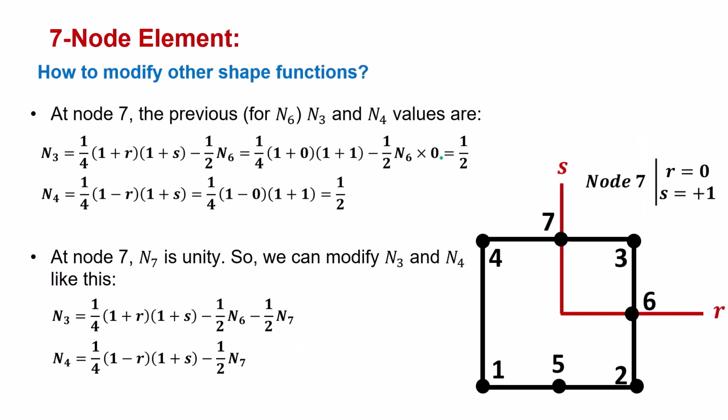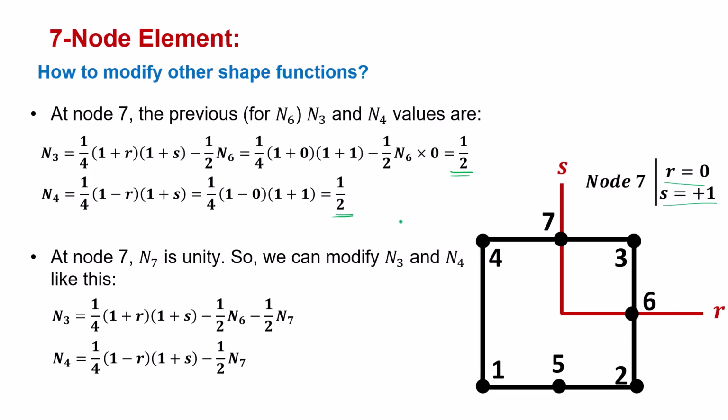Now let's see how the introduction of node 7 affects the other shape functions. At node 7's location, which is r equal to 0 and s equal to 1, if we use the old formulas, both n3 and n4 give a value of 1/2 instead of 0. That means node 7 would still be influenced by nodes 3 and 4, which is not allowed.